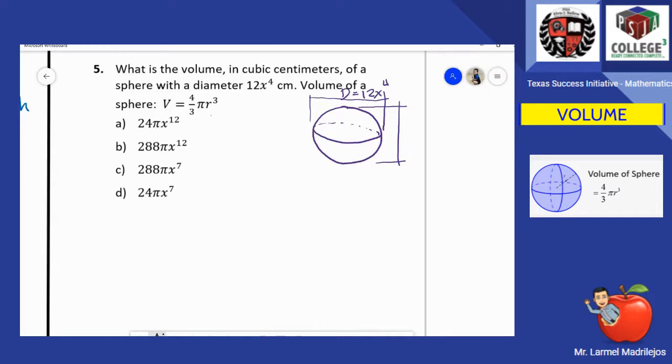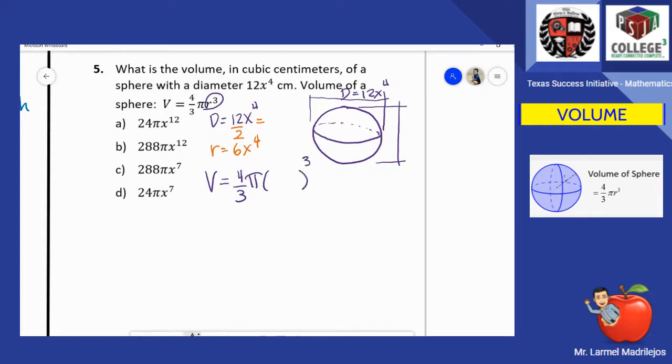So the formula is V equals 4 thirds pi r to the cube. But remember, we gathered the information. We have diameter of 12x to the fourth. This is diameter. We need radius. So I need to divide this by 2. So I'm going to get my radius, 12 divided by 2 is 6x to the fourth. Now, I'm going to rewrite my formula for 4 thirds pi. Now, this r cube, I'll put parentheses, raised to cube.